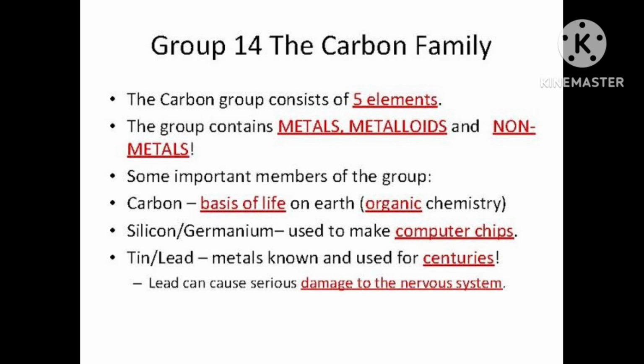Now I am going to tell the next property, that is the reactivity towards halogen. These elements can form halides of formula MX2. M is metal, X is halogen: fluorine, chlorine, bromine, iodine. And also it forms MX4, where X is fluorine, chlorine, bromine, iodine, collectively known as halogen.